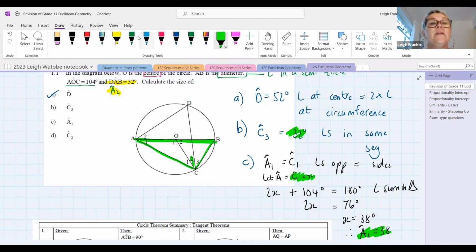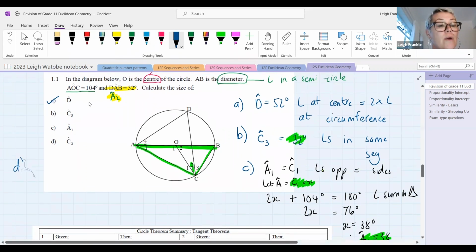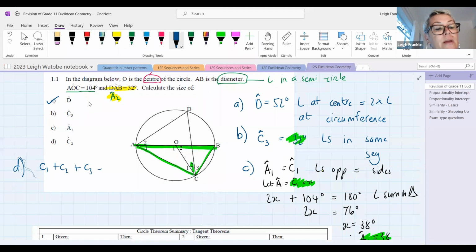The first thing that we need to establish is that angle C1 plus C2 plus C3 equals 90, angle in a semicircle.